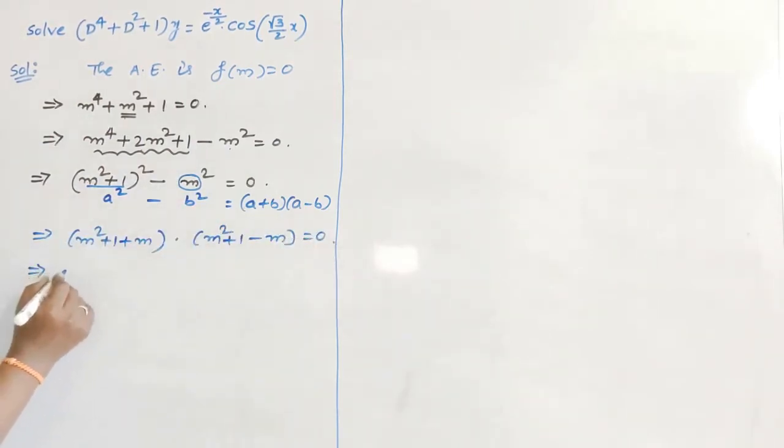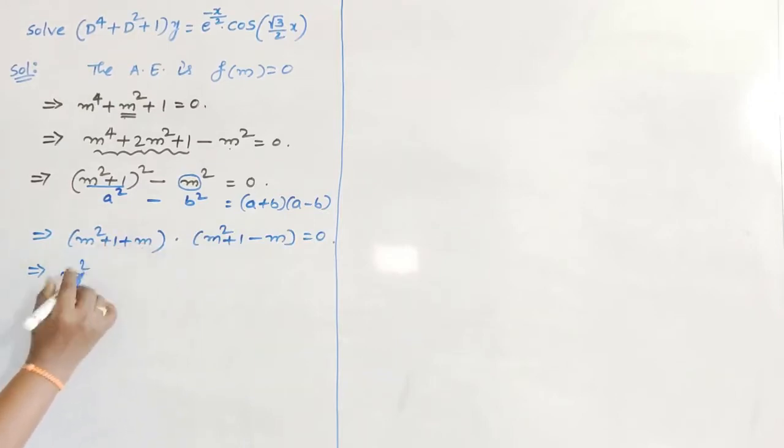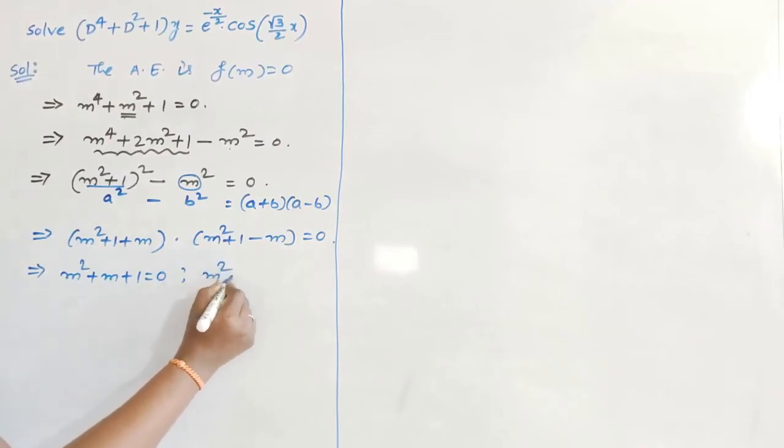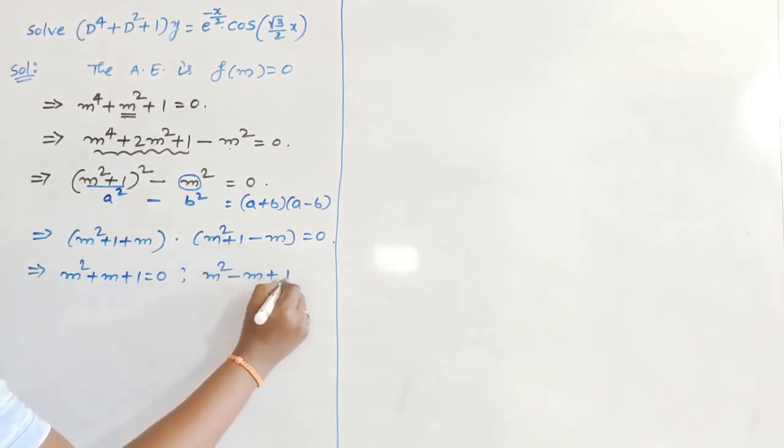So this will be written as m^2 + m + 1 = 0 and m^2 - m + 1 = 0.